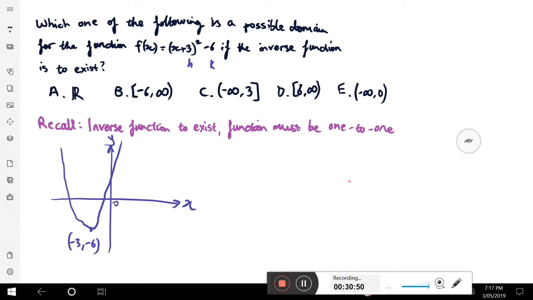So this should be a line of symmetry going down here. These intercepts, you don't actually need to find them out, but if you're curious, the x-intercepts are -3 plus or minus square root of 6. You don't need to find them out once again. If you do want to find them out, just make y equals 0.